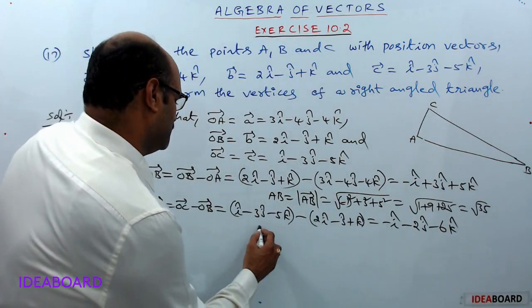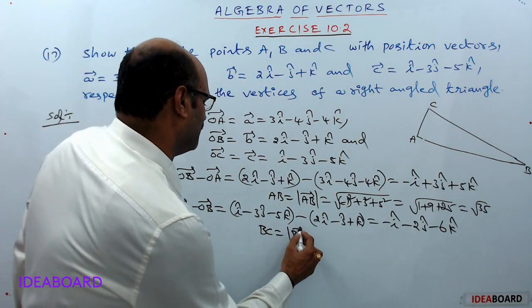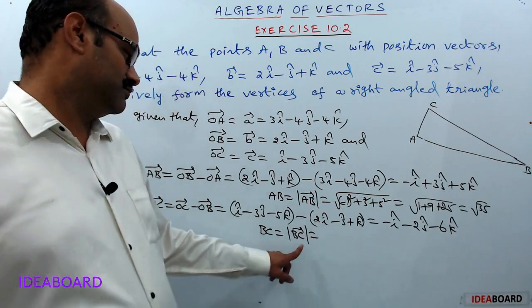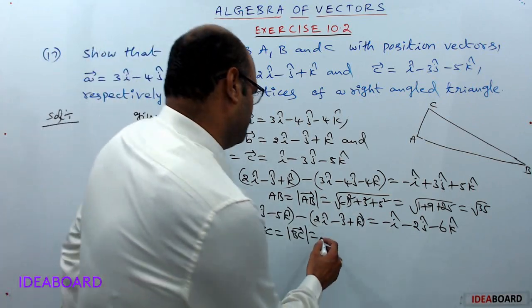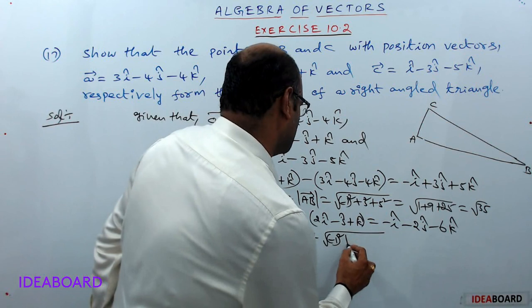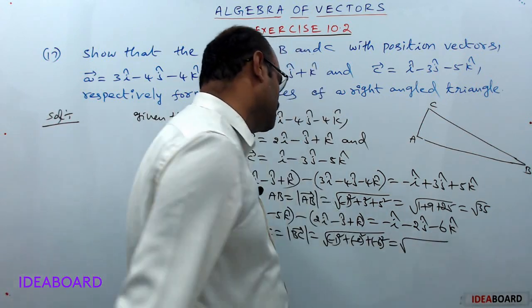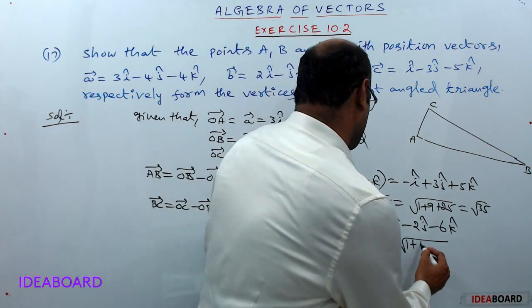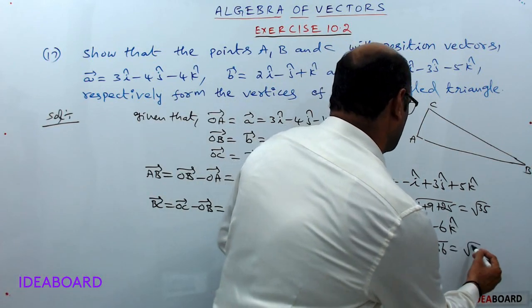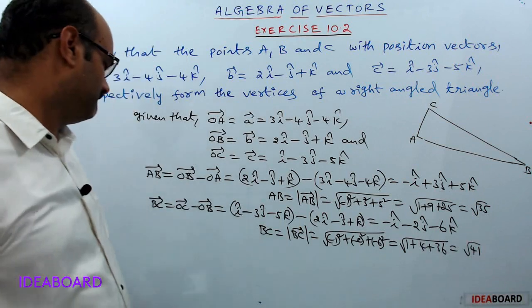It implies magnitude of BC vector equals square root of (minus 1) whole square plus (minus 2) whole square plus (minus 6) whole square, equal to square root of 1 plus 4 plus 36, equal to square root of 41.